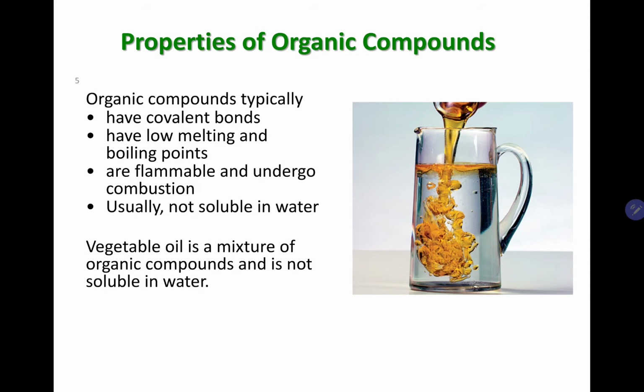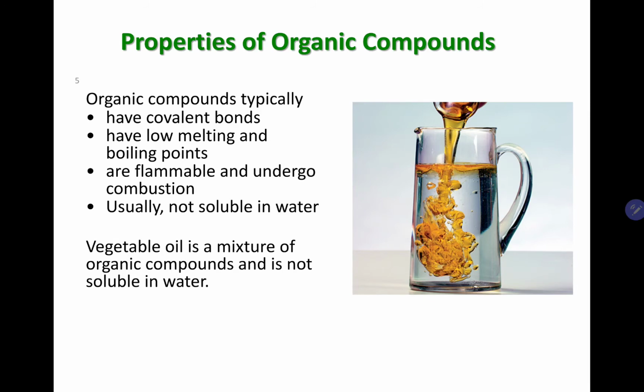And then organic compounds, as I mentioned earlier, they have covalent bonds. Why? Because they have non-metal atoms. When you have non-metal atoms, you are going to have covalent bonds, of course. And then they are going to have low melting and boiling points.